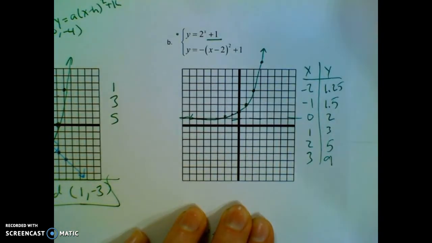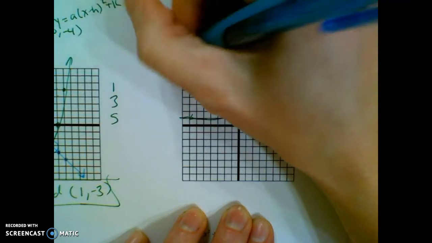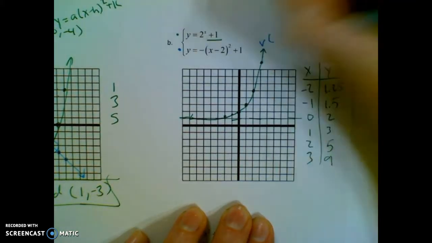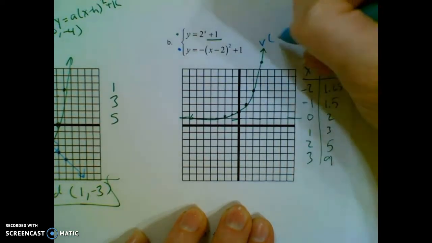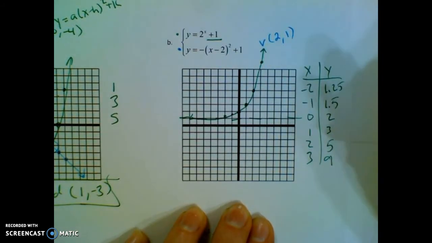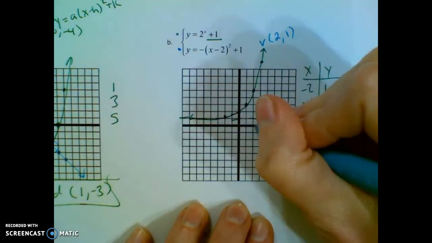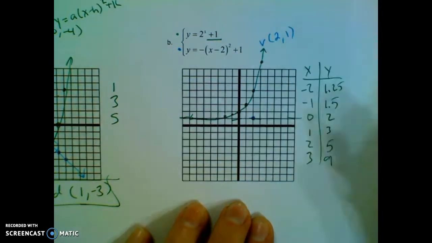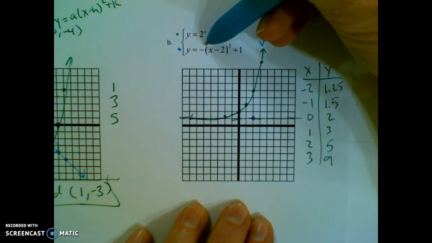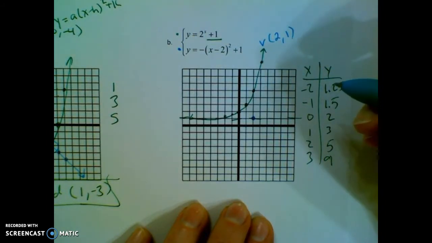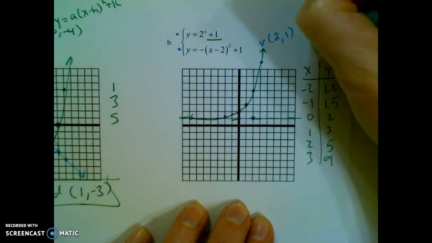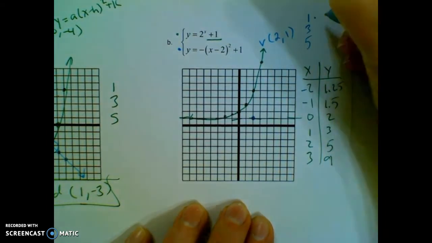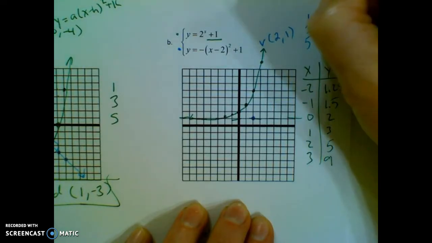I'm going to go ahead and graph my quadratic. My vertex is +2, +1. So I'm going to go ahead and put a dot at +2, +1. And it's negative, and there's no other number. So it normally follows that 1, 3, 5 pattern, but I'm going to multiply by -1, this is my a value.